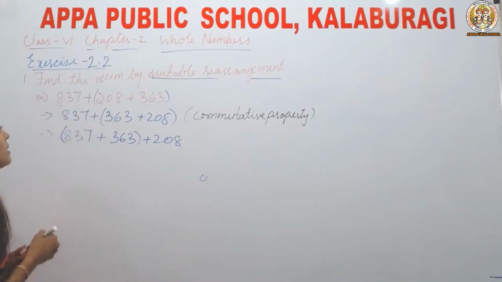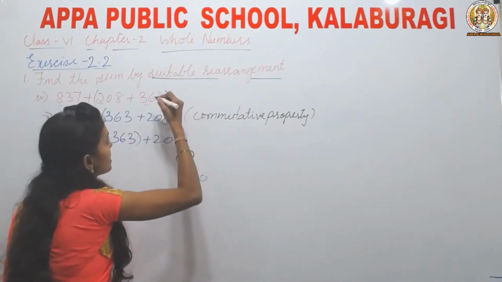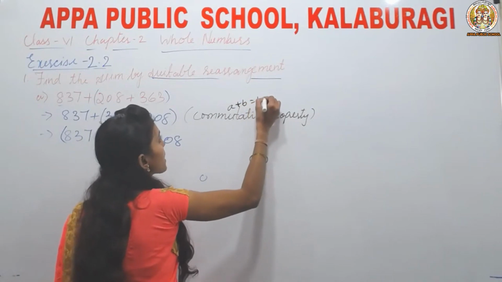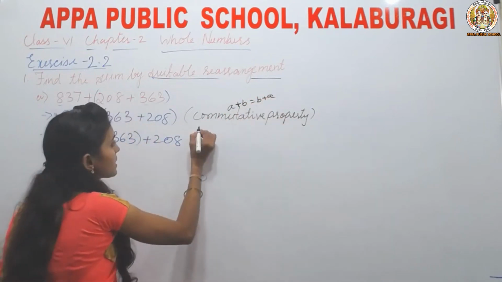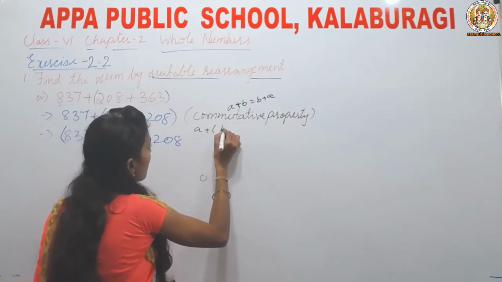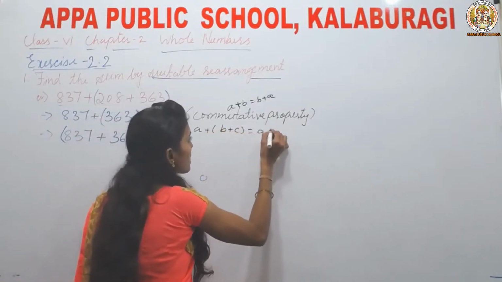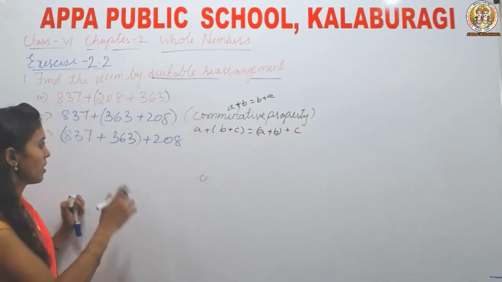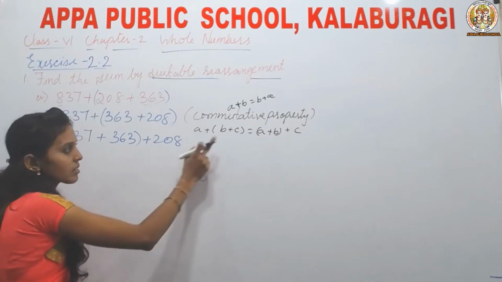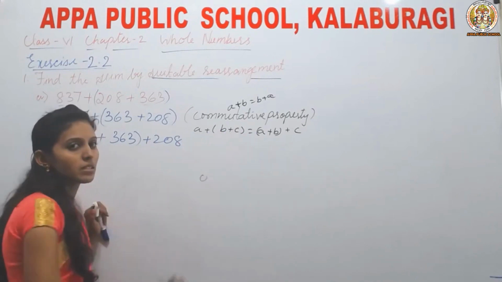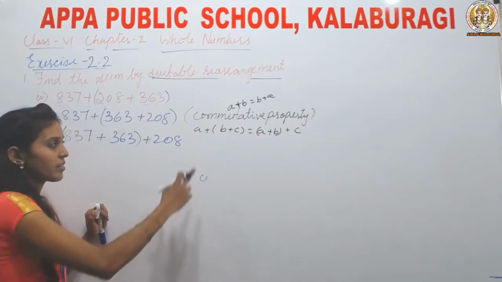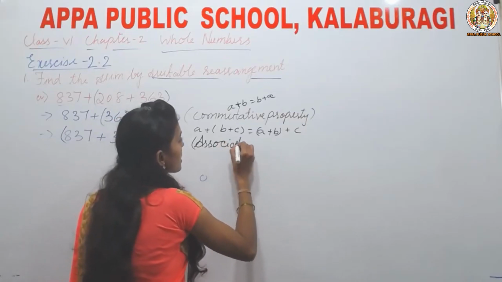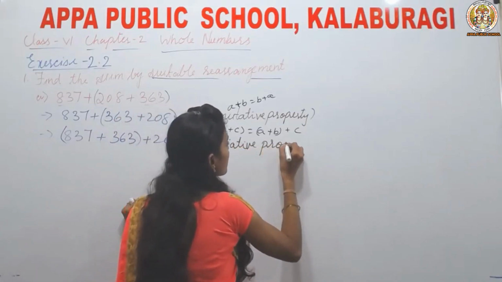A plus B plus C. See, this first commutative property is nothing but A plus B equals B plus A. And this one is nothing but A plus B plus C equals A plus B plus C. What property is this? This is what we have done here. This is based on this property. Which property is that? This is nothing but the associative property. Okay, this is the associative property.